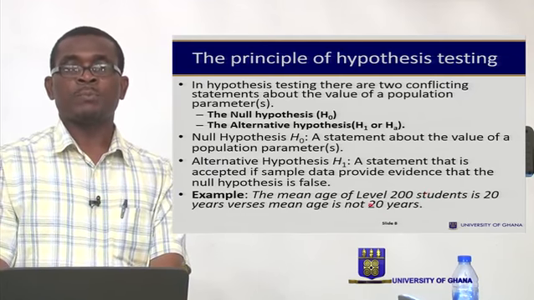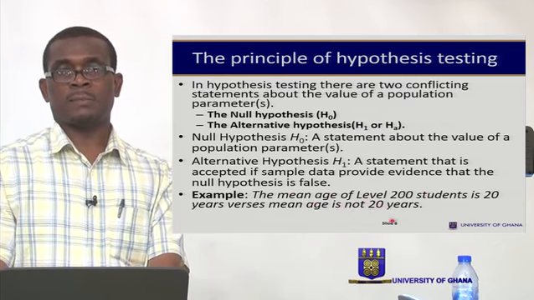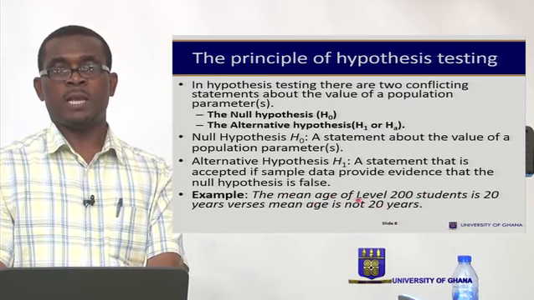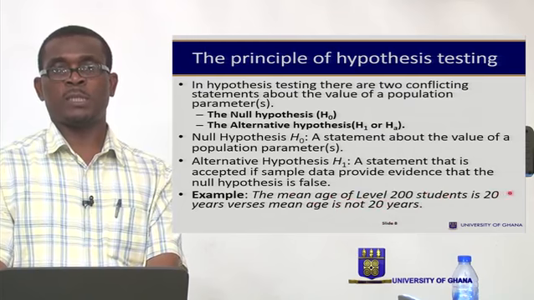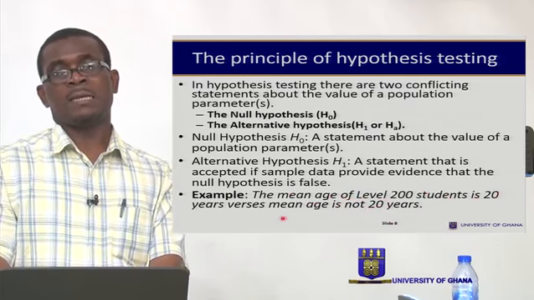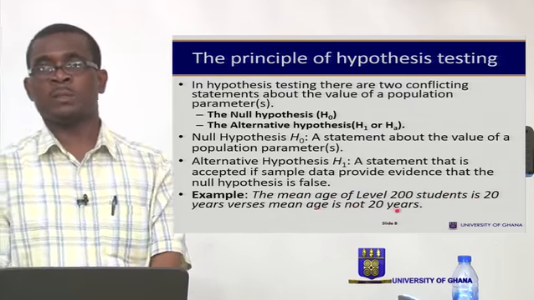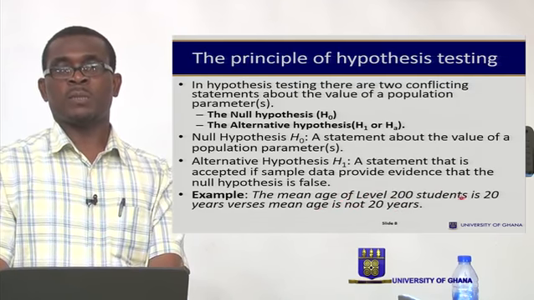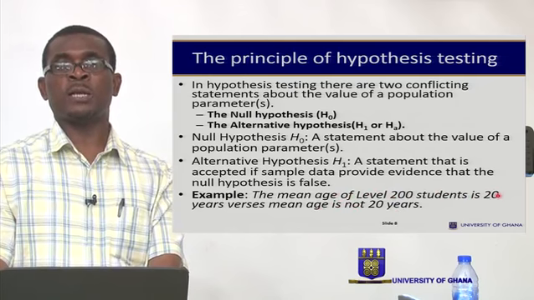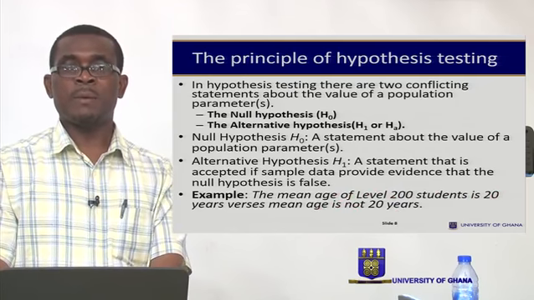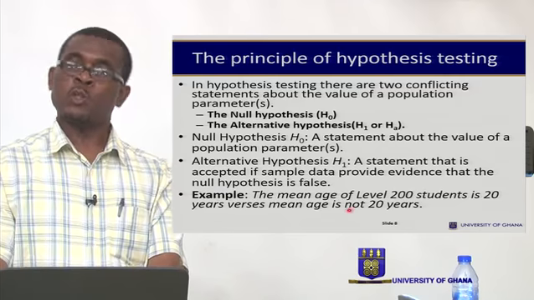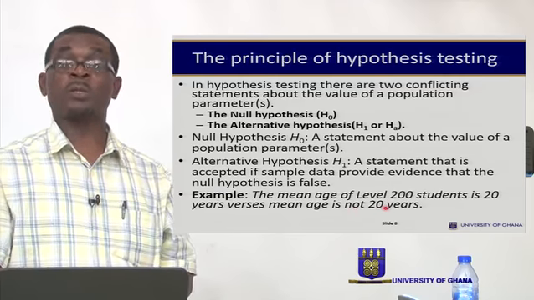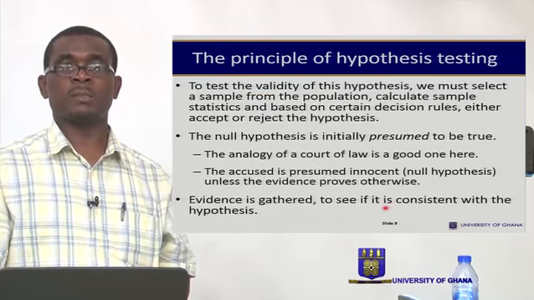For example, we may want to test the mean age of level 200 students being 20 against the claim that it is not 20. So in this case, the mean age of level 200 is 20 years will constitute the Null hypothesis, and the mean age is not 20 years will constitute the alternative hypothesis.